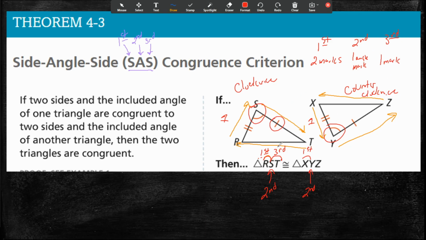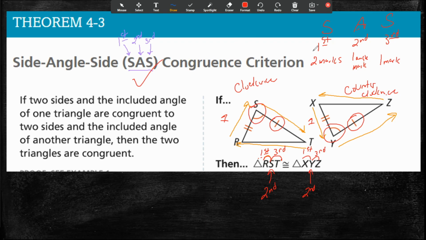And then from here, my third piece will be YZ. And that also has 1 mark. So now I have a side that has a corresponding part that's congruent. I have an angle that has a corresponding part that's congruent. And I have another side that is a corresponding part that's congruent. So I do have side angle side congruence.